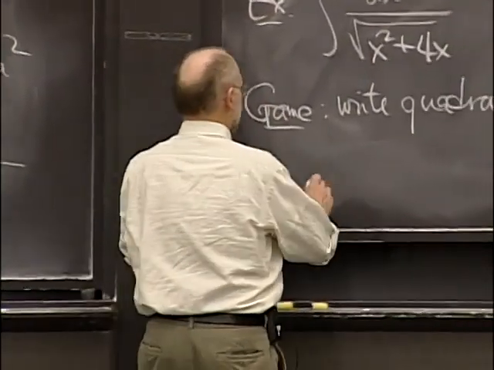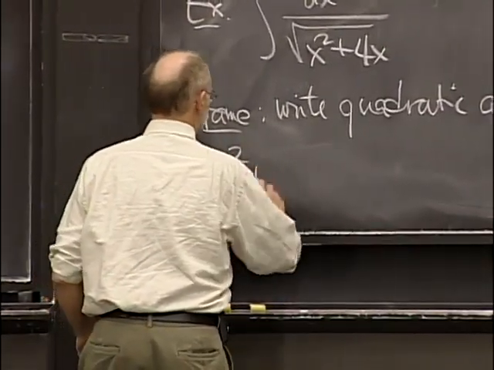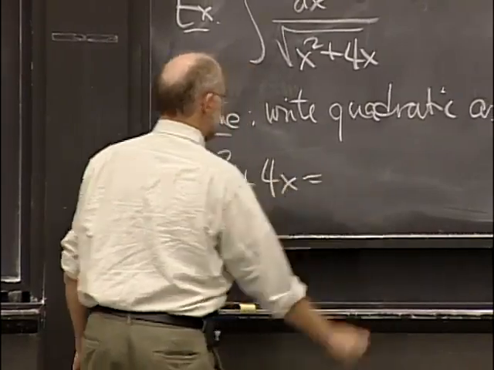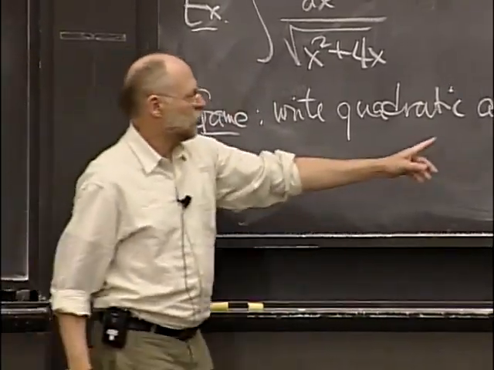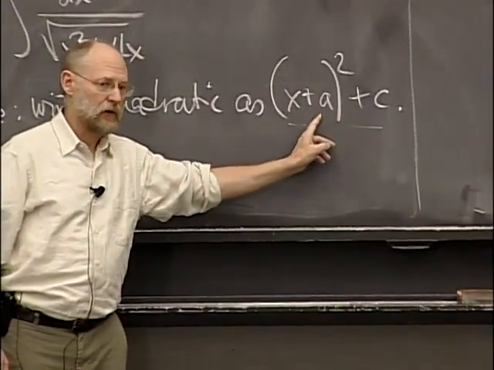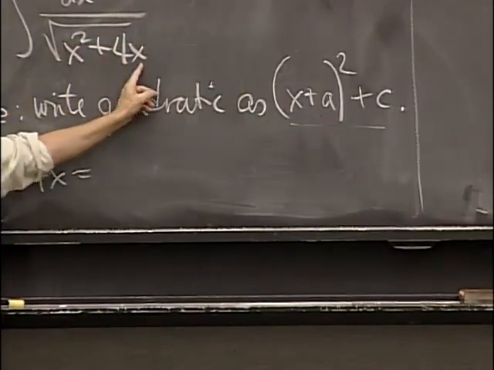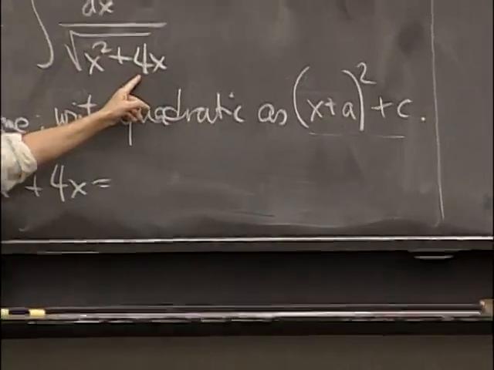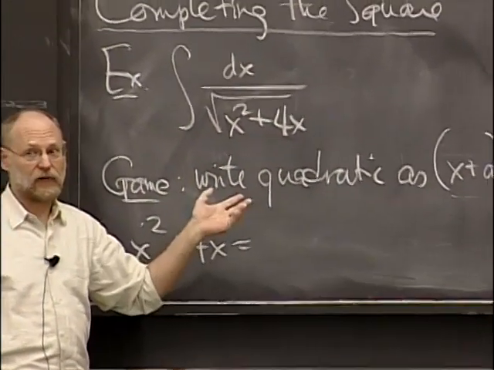So let's do that in this case, x squared plus 4x. Well, if you square this form out, then the middle term is going to be 2ax. And so since I have a middle term here, I pretty much know what a has to be.